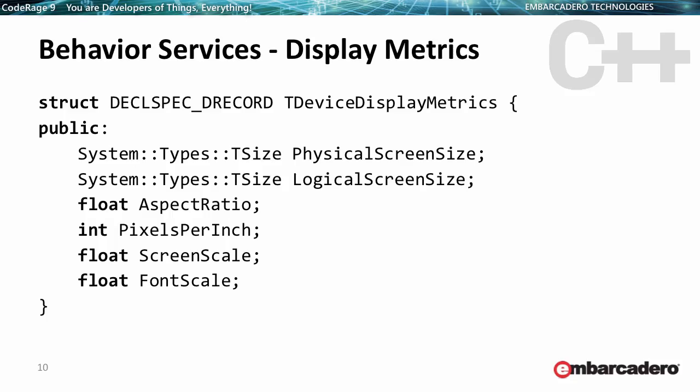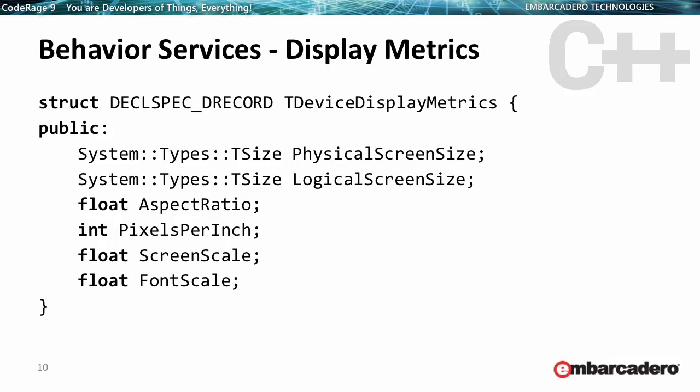It has the physical screen size and the logical screen size. The physical screen size is the actual number of pixels on the screen, whereas the logical screen size is based on the pixels per inch, or the density of the screen. So for example, the simplest example is the original iPad had 1024 by 768 pixels.